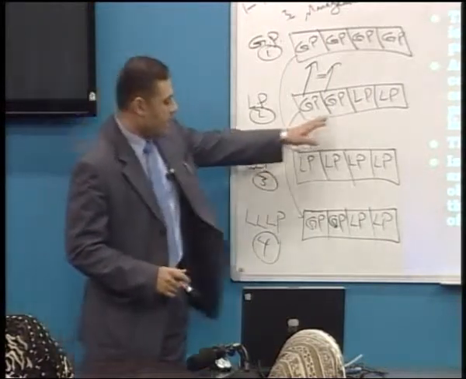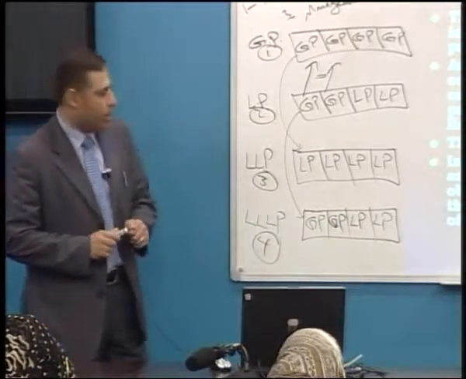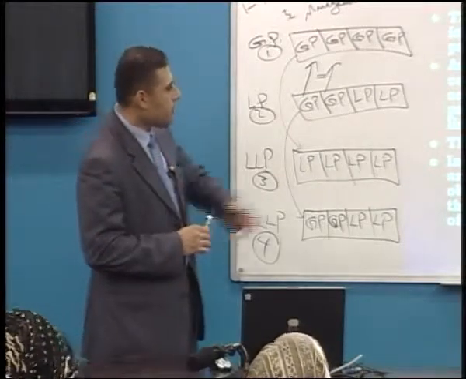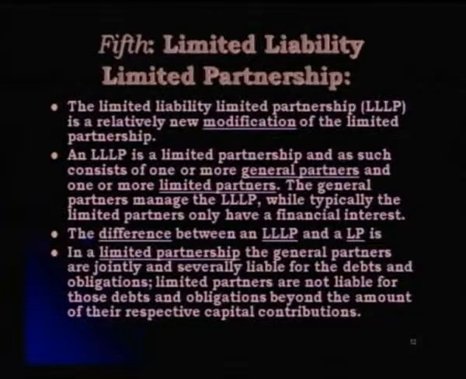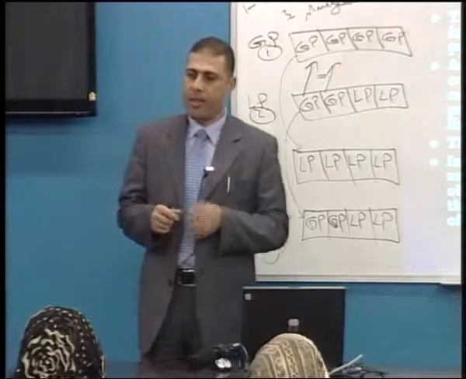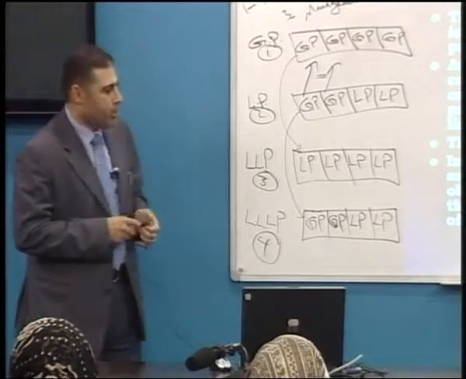We have GPs and LPs, the same thing we have between number 2 and number 4. It's a modification of limited partnership, in which we have GPs and LPs. Now we have to look inside it. What's going on? We look at the agency, liability, management.